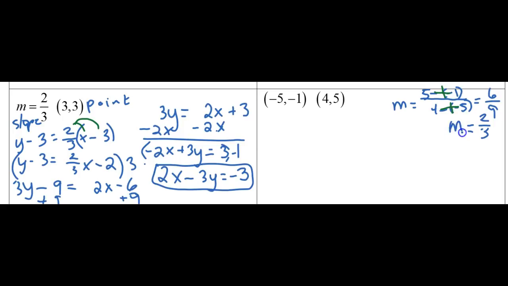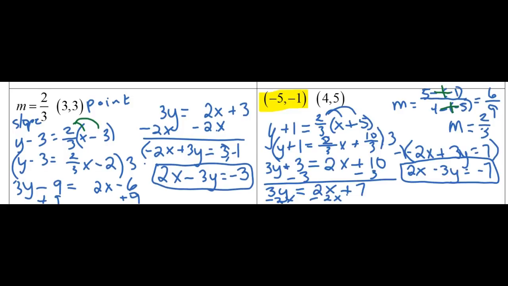Now that I have my slope, I can choose either one of those points and I can put it into point slope form. Pause the video and finish this problem up. Okay, I used the point negative 5, negative 1. So I did y plus 1 because minus a negative equals 2/3 times the quantity of x plus 5 from minus a negative 5. Then I distributed my 2/3 and multiplied everything by 3, which is my GCF.